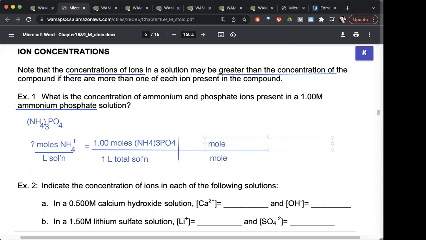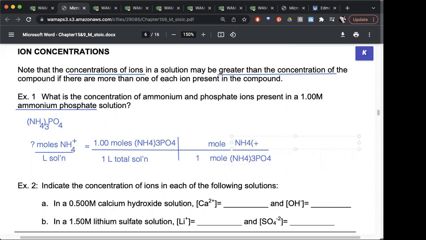So we want to cancel out the compound. So 1 mole of NH4 3PO4, ammonium phosphate.